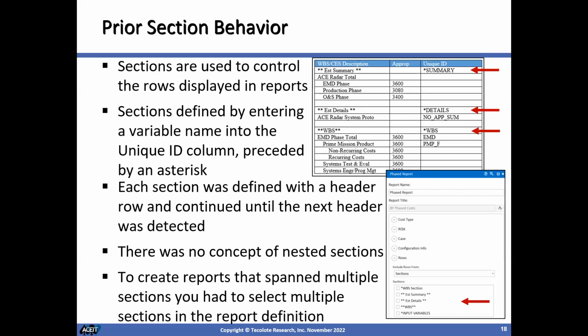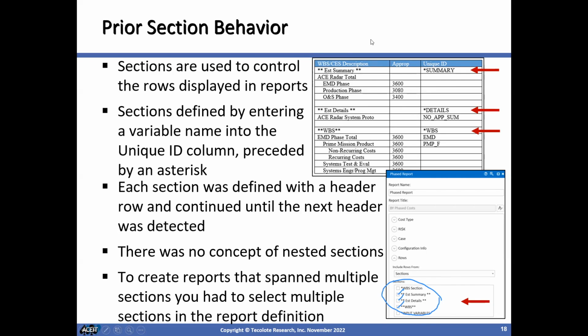So when a user wanted to create a report that spanned multiple of these ACE sessions, they actually had to go to this section that's highlighted here at the bottom, and they had to check multiple of these checkboxes in order to get the report that they really wanted for the rows of interest.